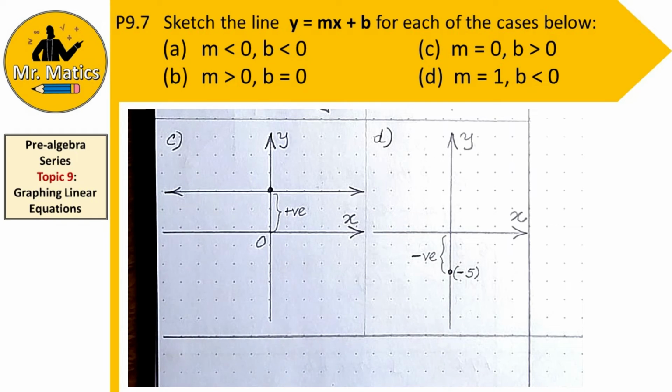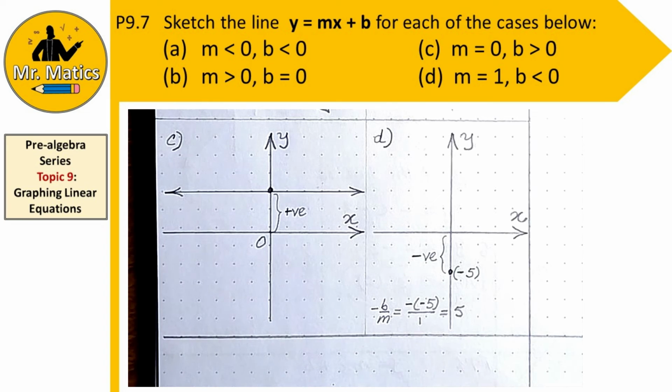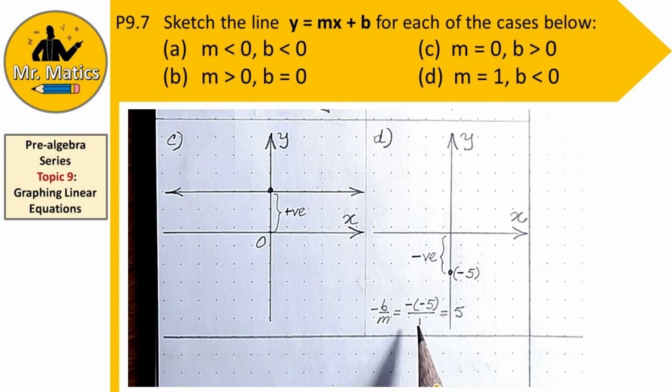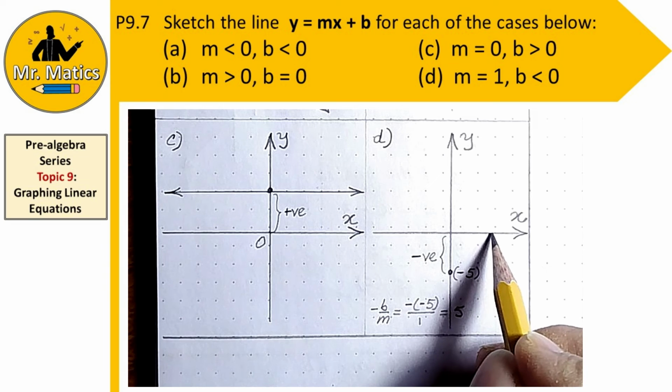But let's say this is minus 5 and m is 1. So minus b over m is minus of minus 5 over 1, which is just 5. So whatever is the value of b, the same value is there on the x-intercept, but the sign is opposite of b. If b is minus 5, x-intercept is plus 5. Okay. So let's see here.